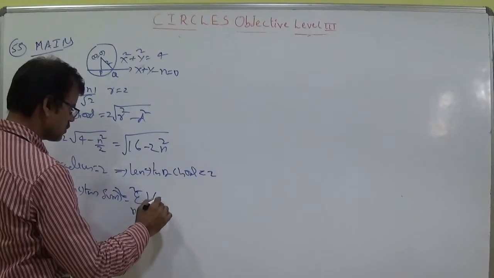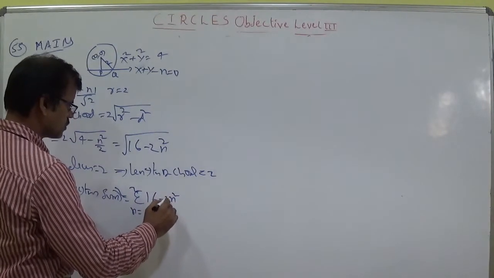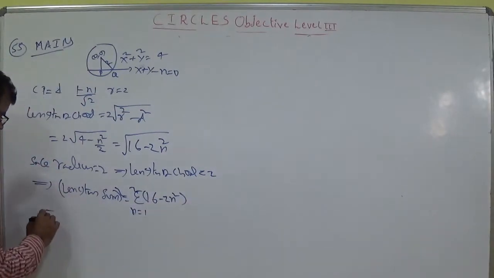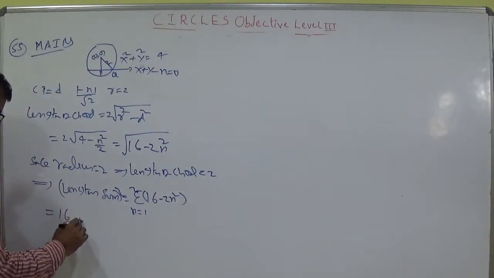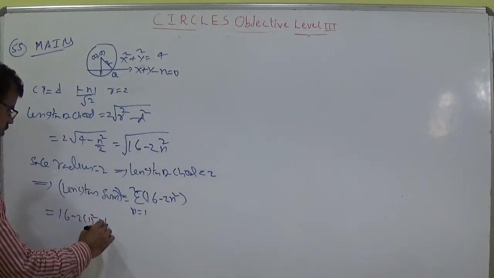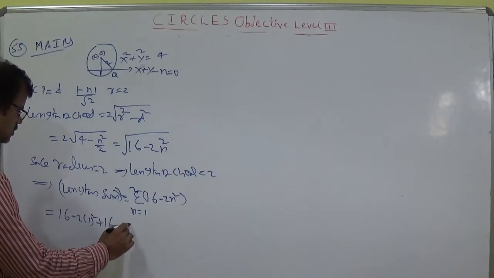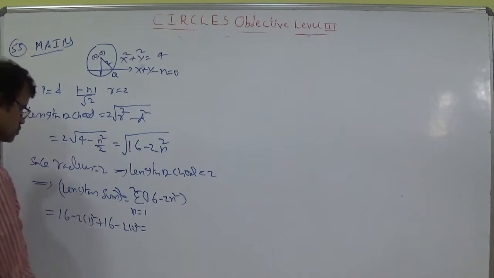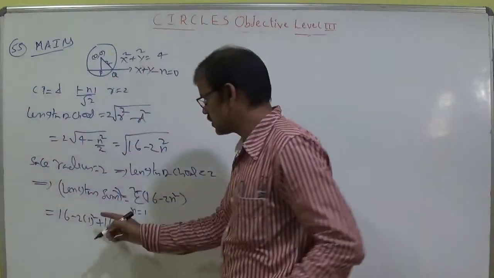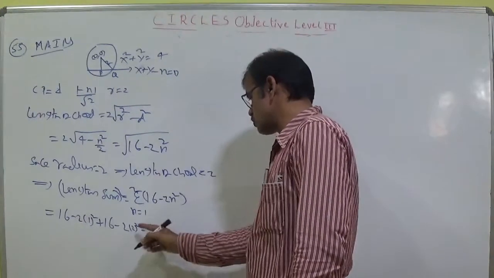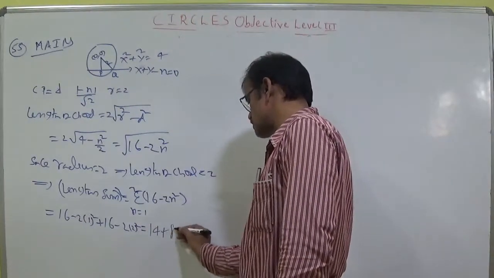Sigma n is equal to 1 to 2 of 16 minus 2n square. Substitute the values here: 16 minus 2 into 1 square for n is equal to 1, plus 16 minus 2 into 2 square also. So 16 minus 2 is 14, plus 16 minus 2 into 2 square, which is 8. So 14 plus 8.